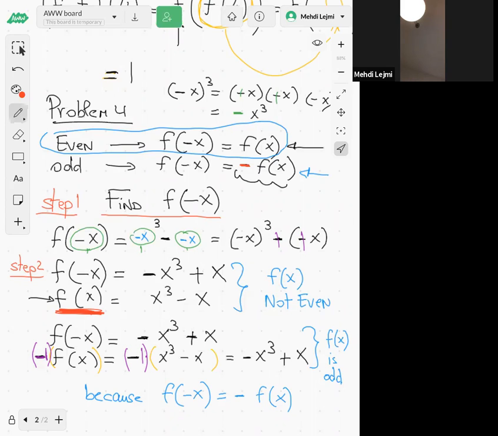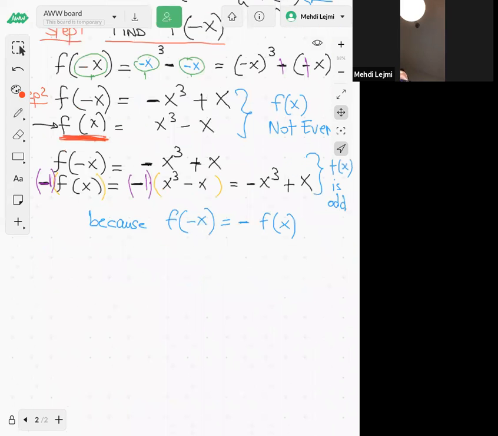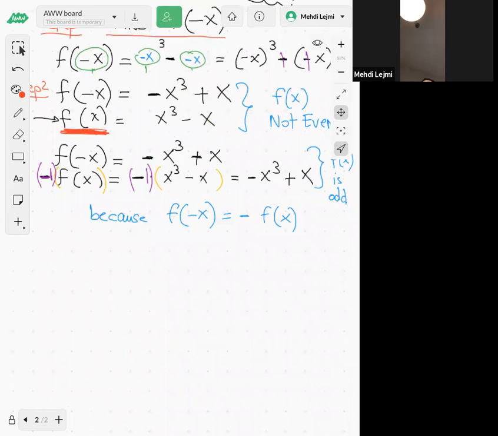Do you want me to do another f, or can I move to the next problem? Okay, I'm going to move to the next problem because it's always the same thing here. The next problem, this is what we did on Tuesday, the quadratic functions.